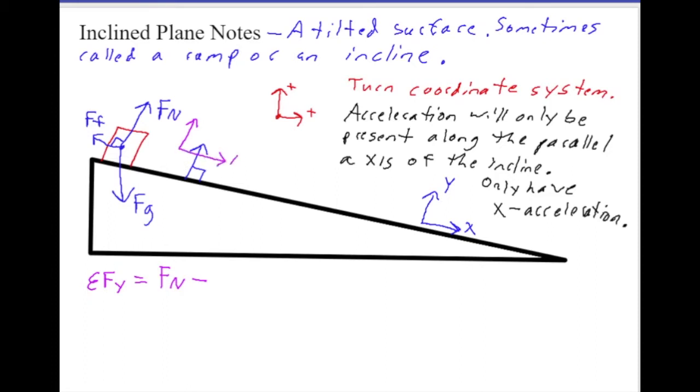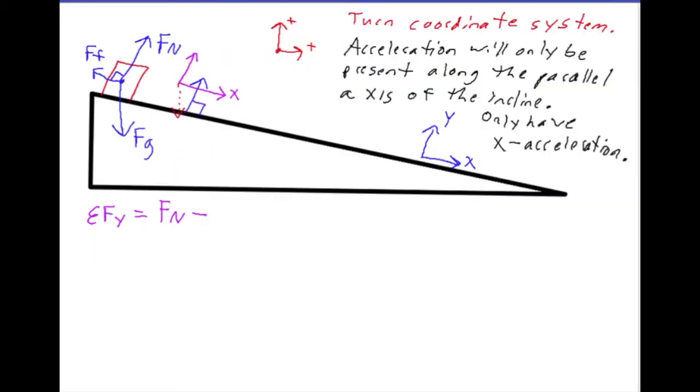Because if this is our x direction here, and I see force gravity is pointed in this direction, it means that force gravity is a combination of both the x and the y. If we remember, forces are actually vectors, and since they're vectors, we can split them up into different components.